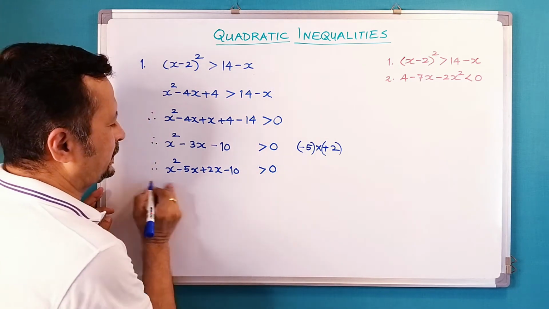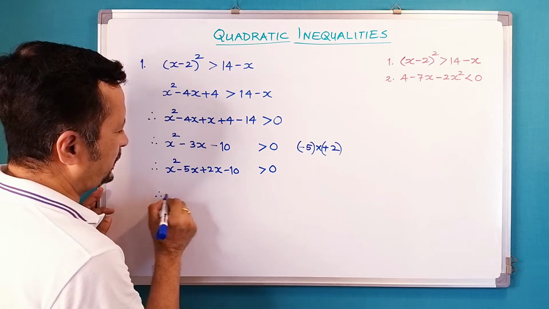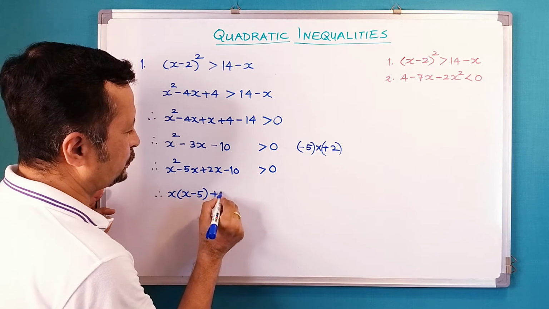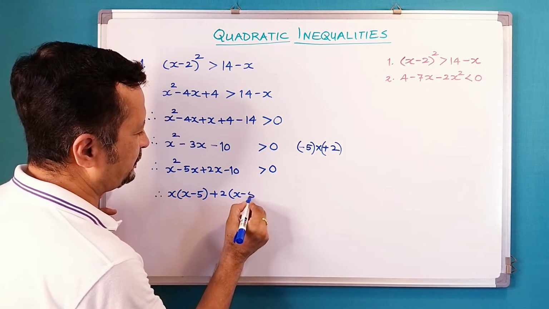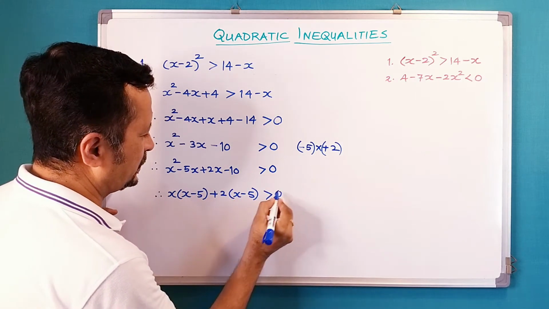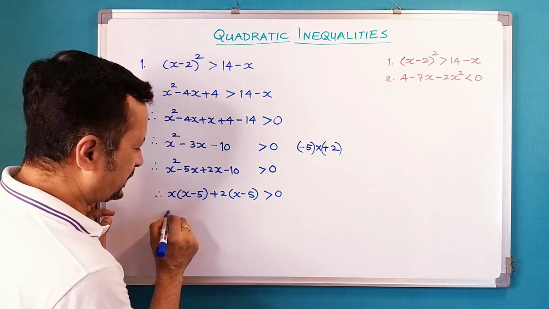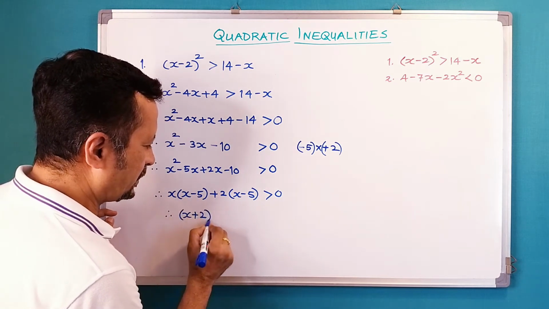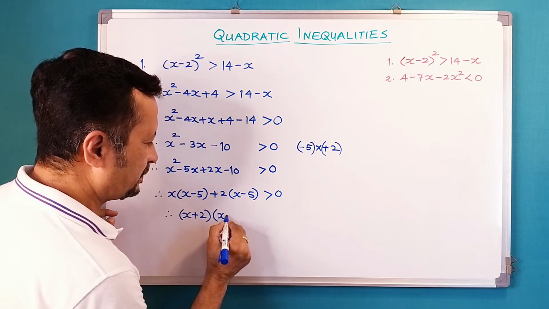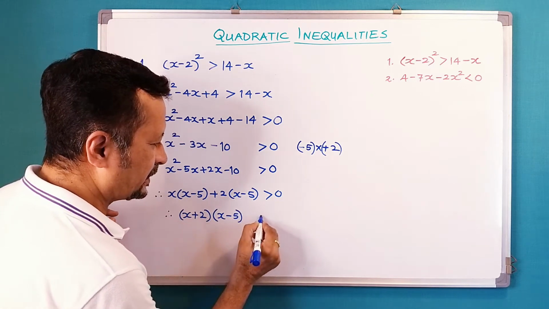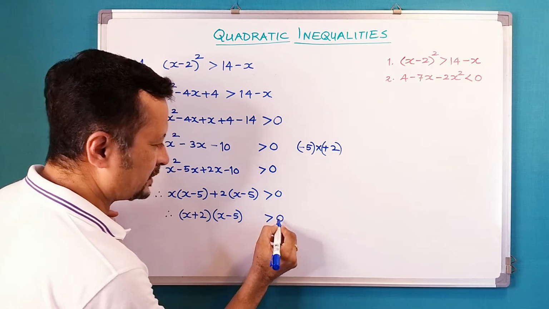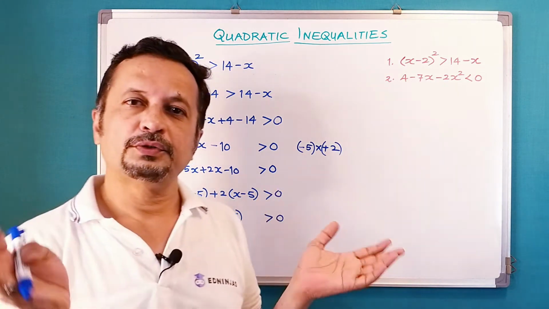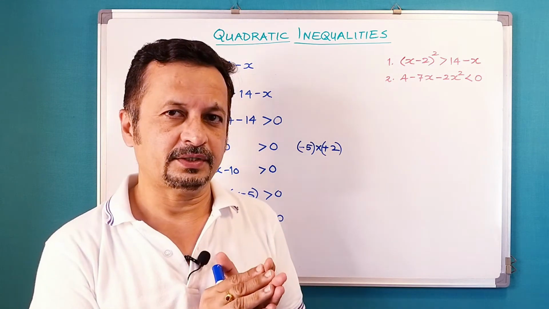And now it becomes x into x minus 5 plus 2 into x minus 5 greater than 0. So finally we have x plus 2 into x minus 5 greater than 0. Now what values of x would satisfy this inequality?